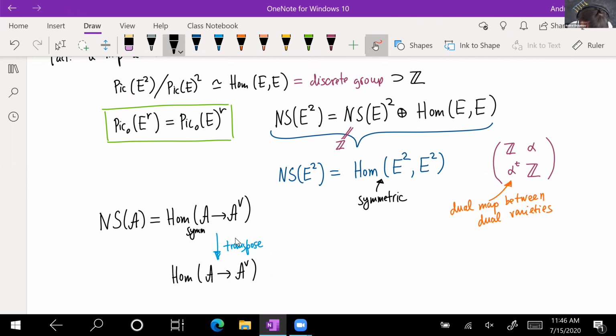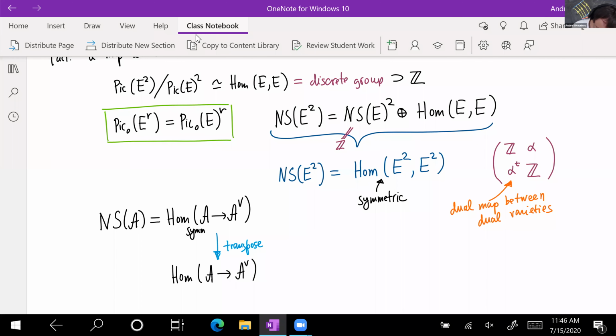So in particular, if E is generic, like I said, we don't need any assumptions on E, but if E is generic, then the Néron-Severi group of E to the R is just symmetric matrices.